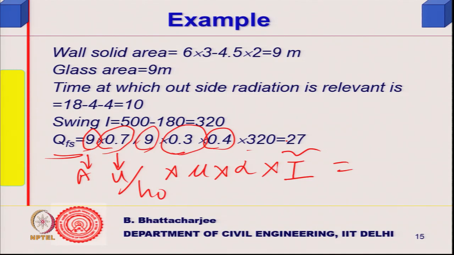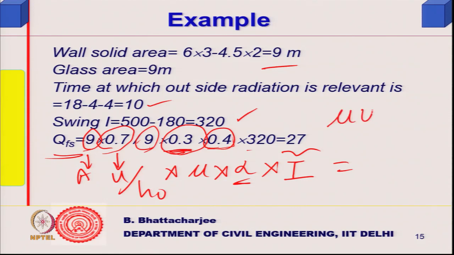Area was 9 meters square, that is what we have seen. Solid area is 9 meters square. Time is 10 am. Corresponding to this, we have calculated the fluctuating component of radiation, that is 320, and this is the alpha value. Last time when we solved for the mean, we used the same value. This is decrement factor mu.